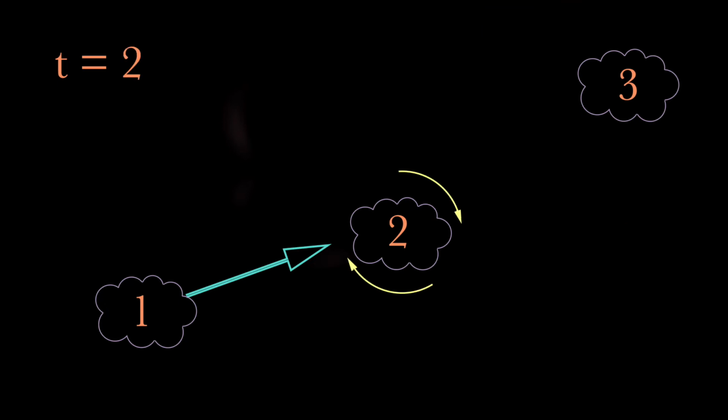At t equals 2, the photon hits molecule 2 and starts its spinning. At t equals 3, 1 collides with 2 and their direction and speed are altered. If 3 emits its photon too late, it will not affect the collision. Or if miscellaneous molecule 4 absorbs the emitted photon, the collision of 1 and 2 will be unchanged.